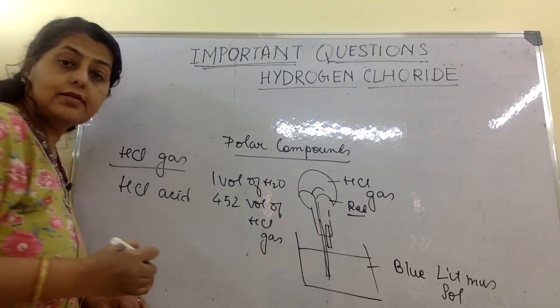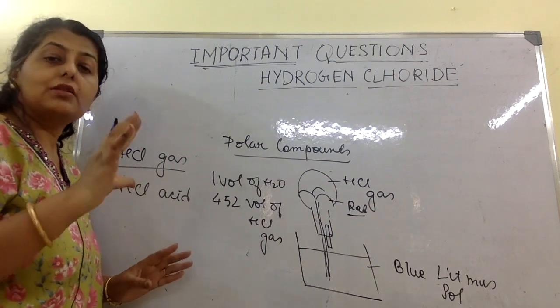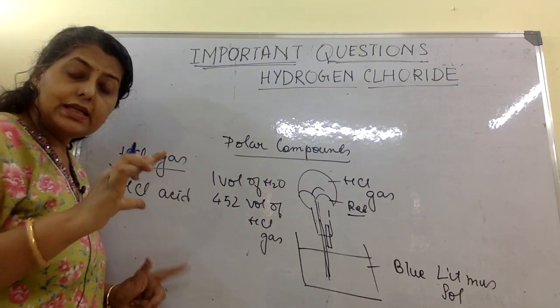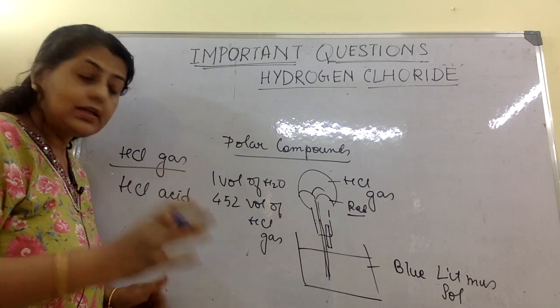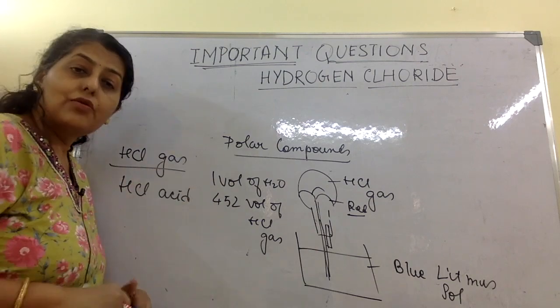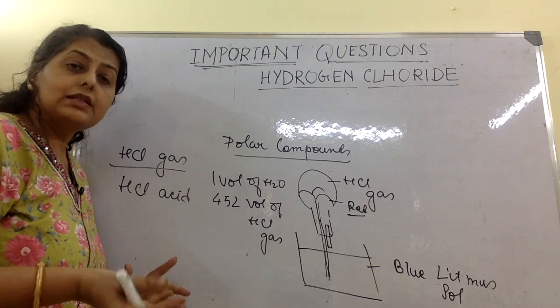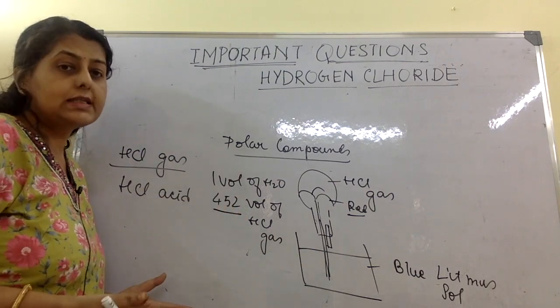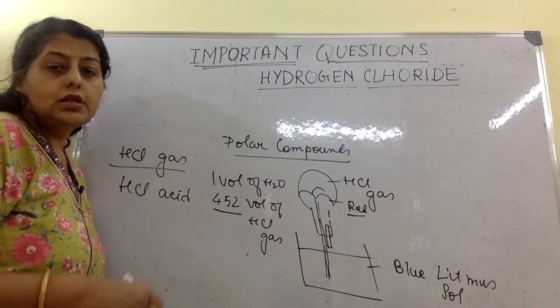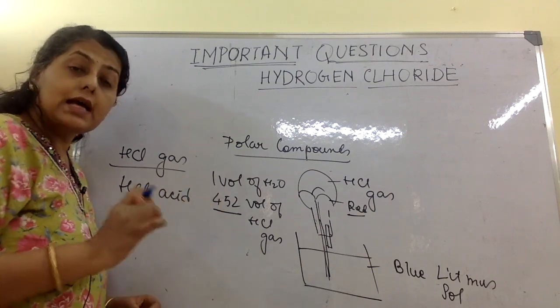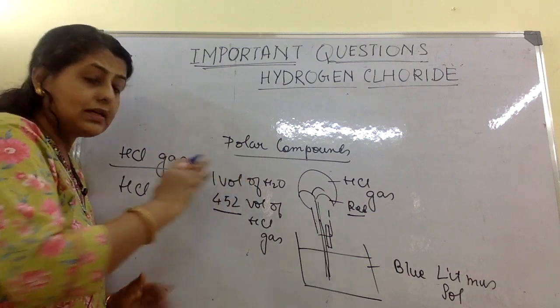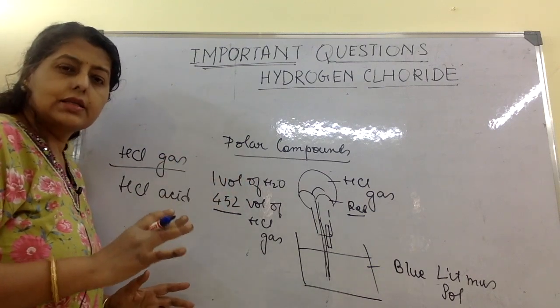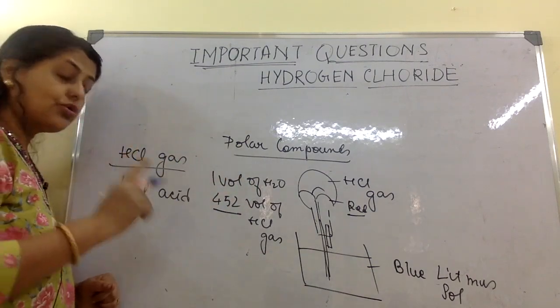Do you understand that? Very simply, 1 glass of water has the capacity to take in 452 glasses of the gas. That's the meaning of this. So it's highly soluble. This is another question that is always asked from this chapter, so you should not miss that.